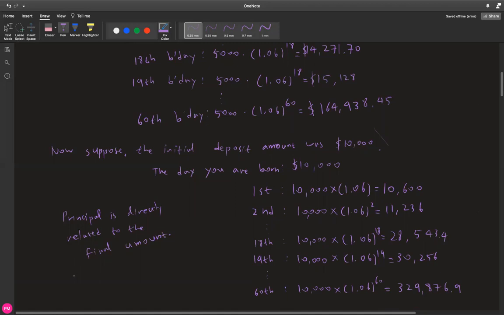So if the principal doubles, then the final amount also doubles.